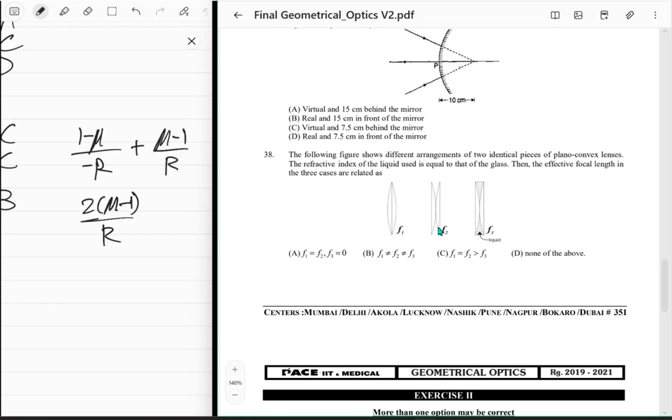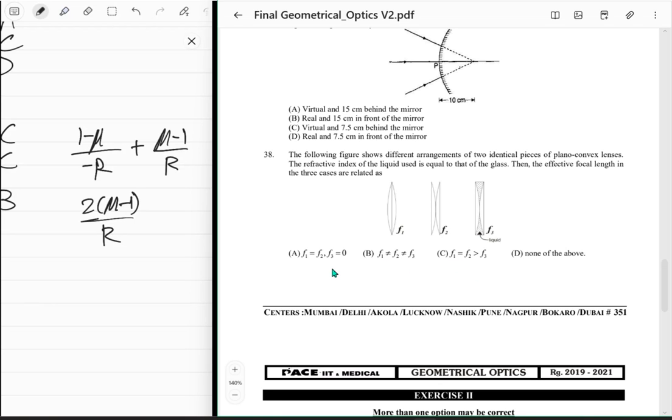So 2 times mu minus 1 upon r is the power of this one, and the power of the other is also mu minus 1 times 1 upon r plus 1 upon r, so minus minus plus. So this is the same thing. So F1 is equal to F2, of course.